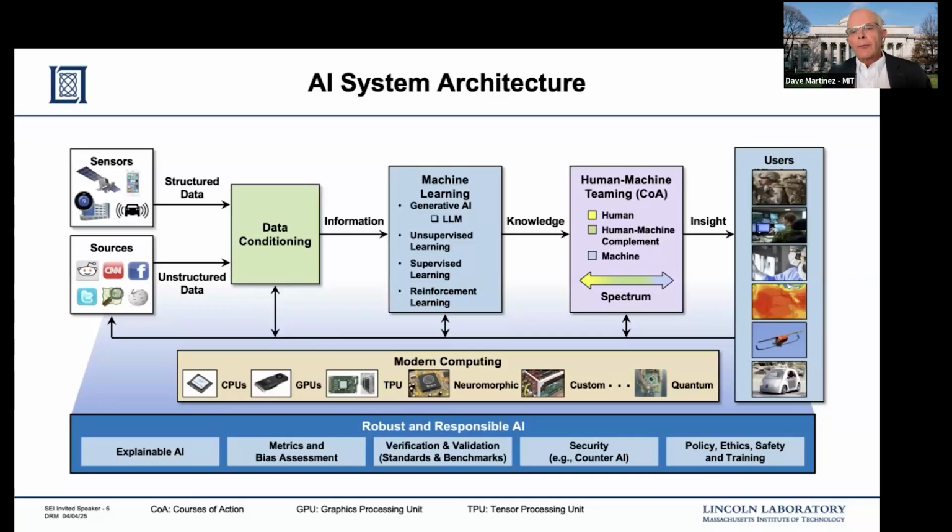And then it gets passed on to, say, a radiologist, which is the human-machine teaming, the right-hand side of this chart. I put that as a spectrum because that part is often not seen and evaluated carefully, to determine the trade-off between the confidence one has in the output of the machine learning stage and the courses of action.